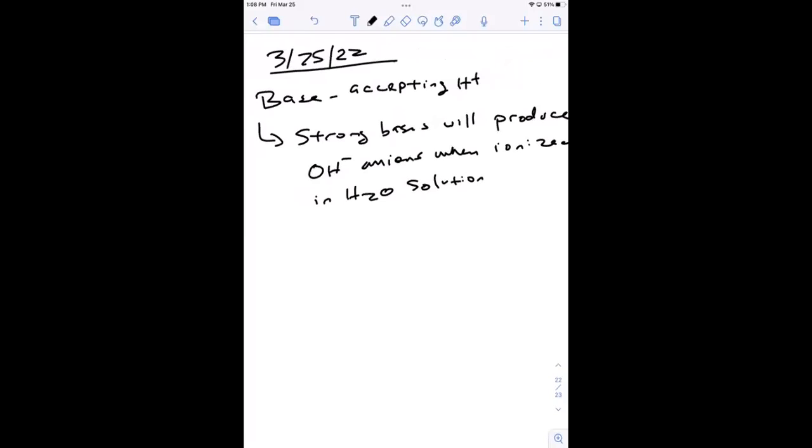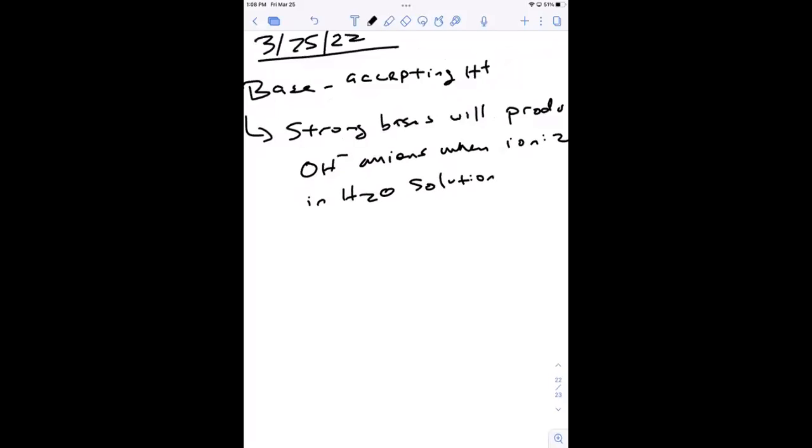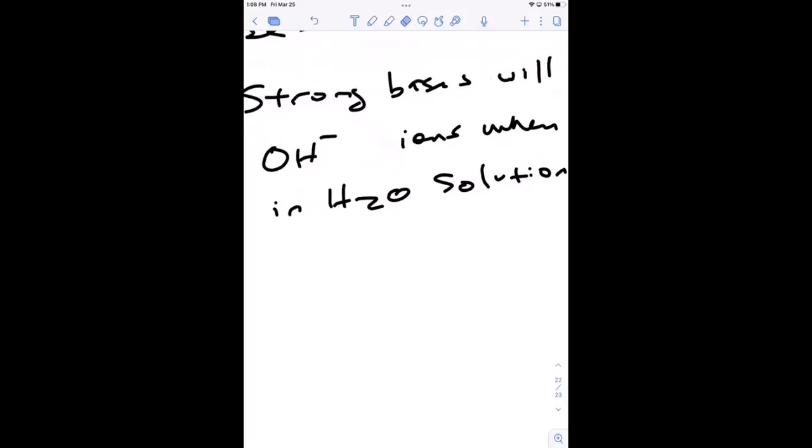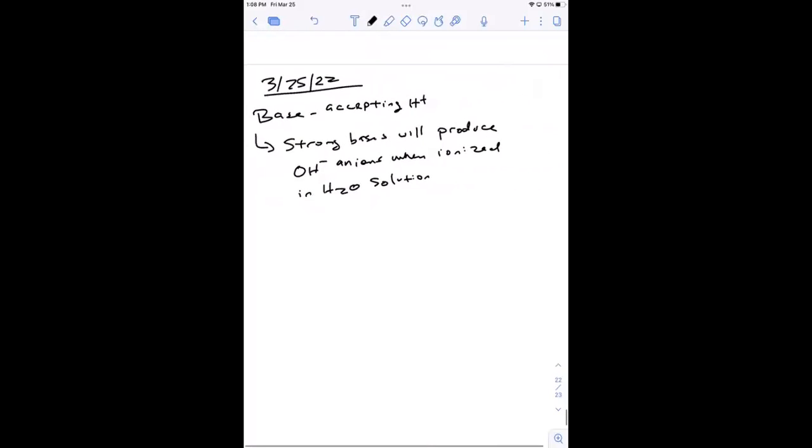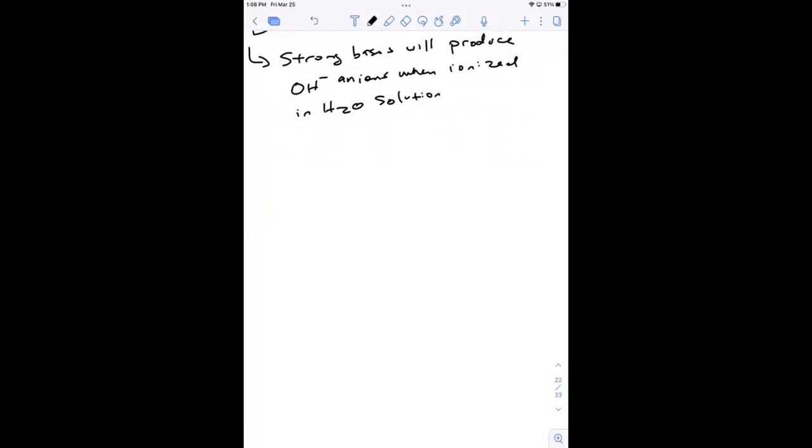That's literally the proof of what a base is. Now, that's not a catch-all because there are other types of bases that don't produce hydroxide anion. But if it's in water, it's going to do proton transfer with water and produce a hydroxide anion, right?